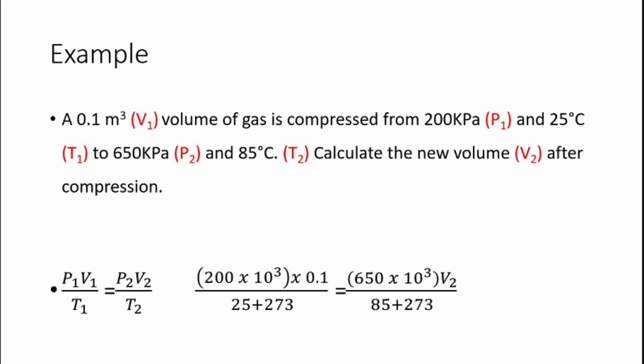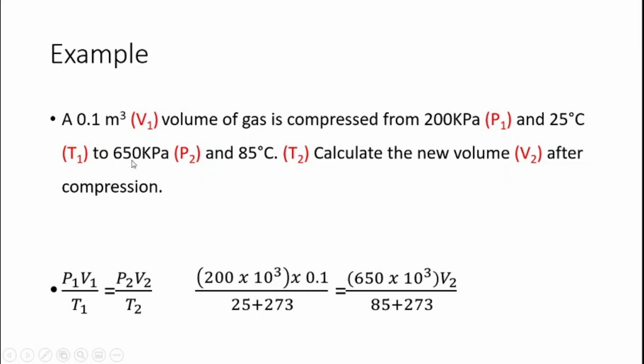So here's my example using this one. We've got 0.1 cubic meters of gas compressed from 200 kilopascals and 25 degrees C. So that's V1. This is going to be P1, 200 kilopascals, and T1 is going to be 25 plus 273, don't forget. It's compressing from 200 kilopascals to 650 kilopascals.